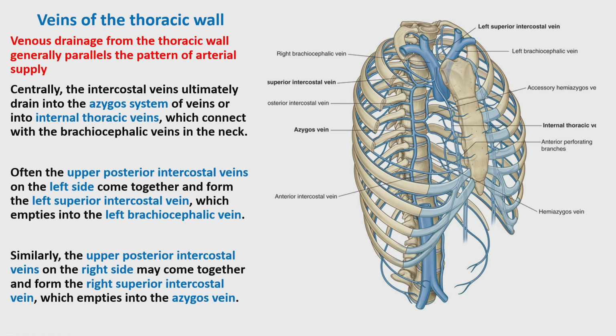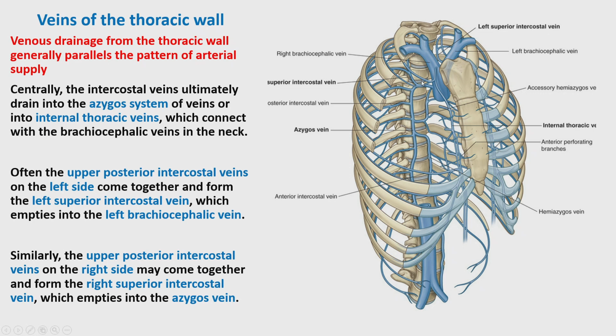So upper posterior intercostal vein in the left side, as we mentioned, is making the left superior intercostal vein, which is draining to the left brachiocephalic vein.